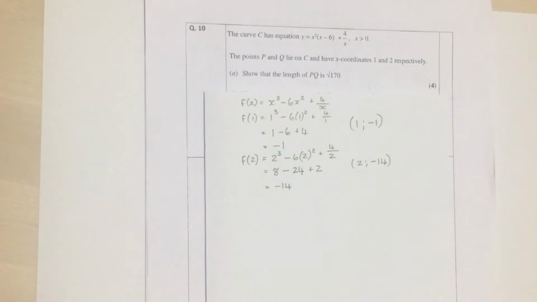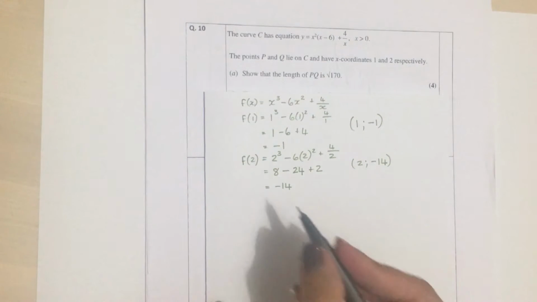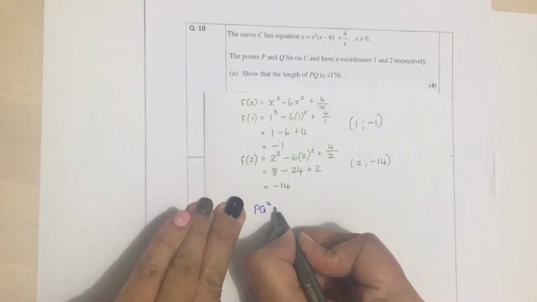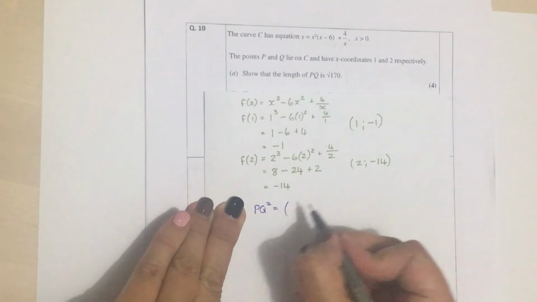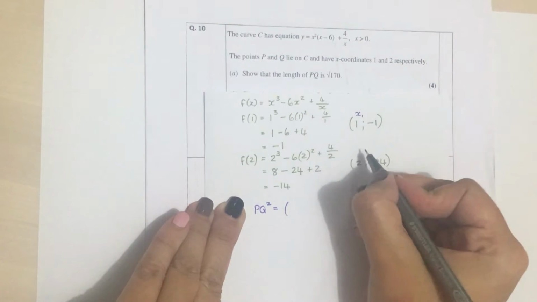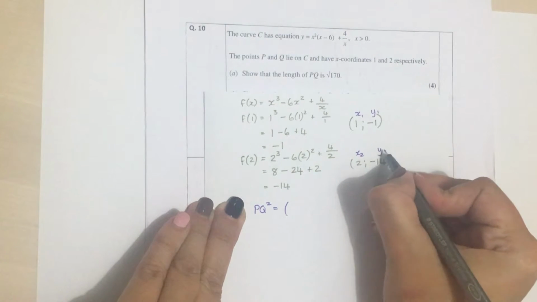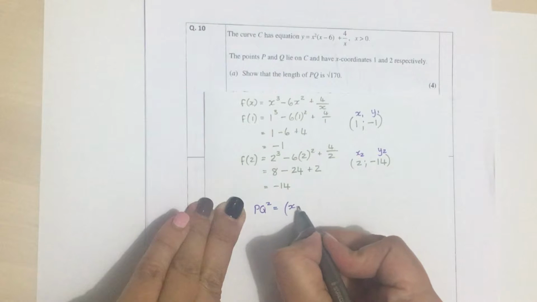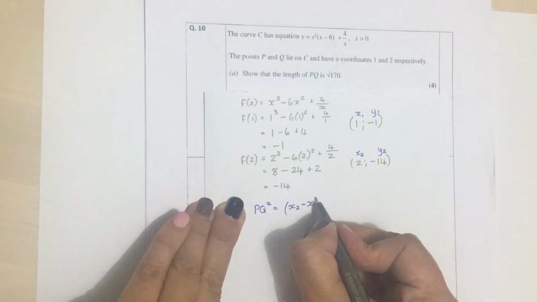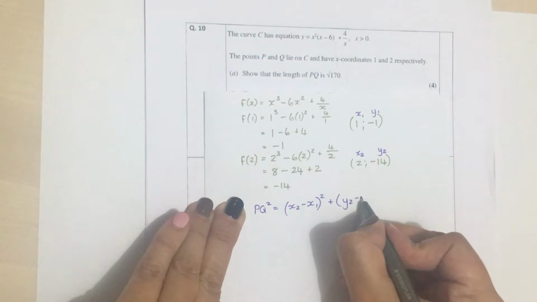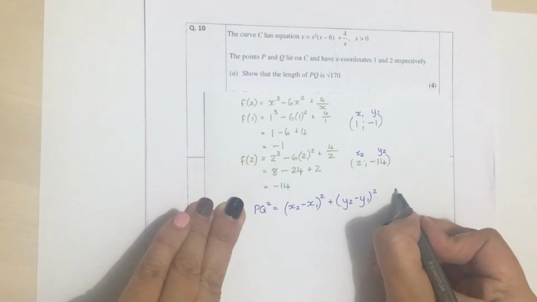Right, and now we can use that information to find the length of PQ. Pythagoras taught us that PQ will be equal to the square root of x2 minus x1 squared plus y2 minus y1 squared.